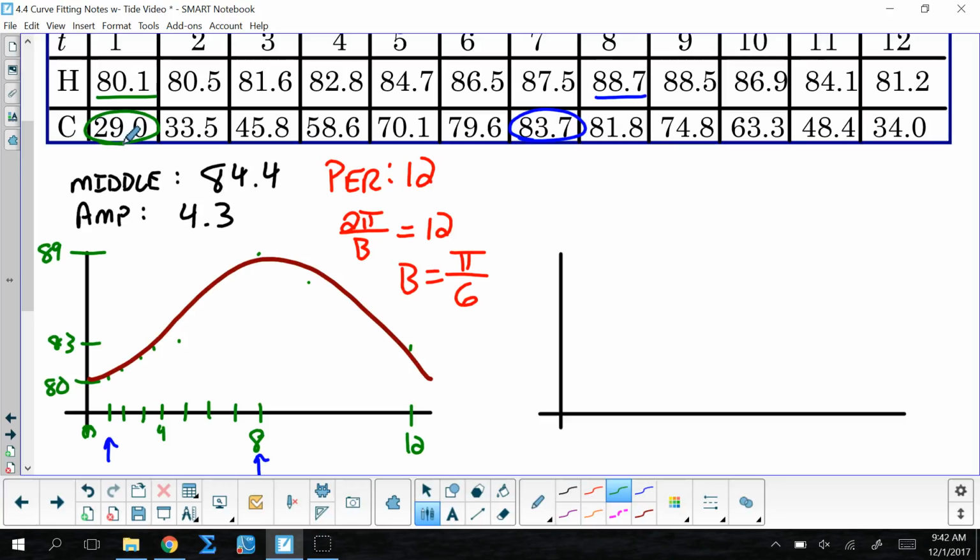No, I really don't have to. I could. It would look very much like the Hawaii scatter plot, except my numbers would be different. Instead of this being 80 down here, this would be 29. And instead of being 89, this would be 84. But otherwise, the graph is going to look very much similar, right?